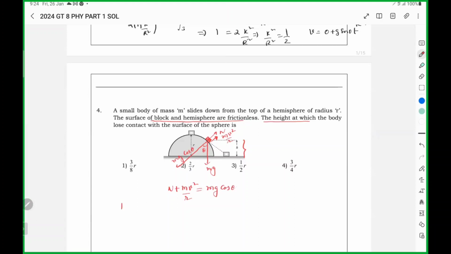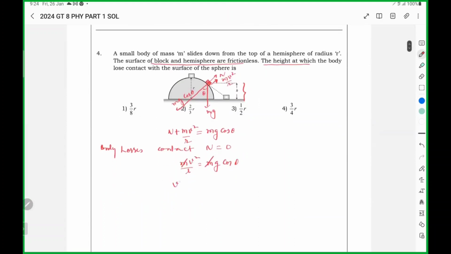So when the body loses contact, normal reaction is 0. mv square by r is mg cos theta. So v square by r is g cos theta. Here it is h, so cos theta from the diagram is h by r.